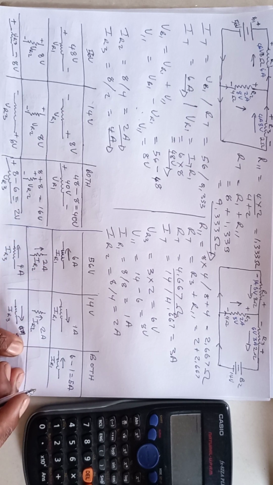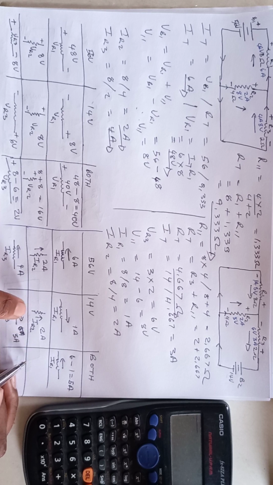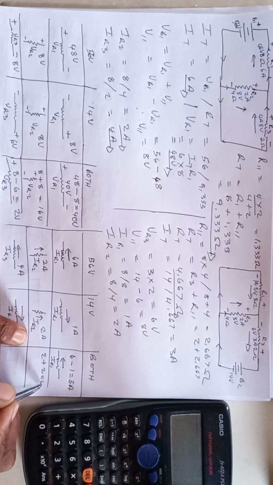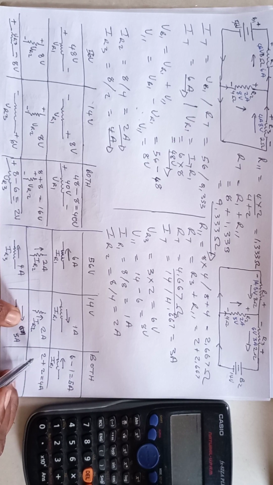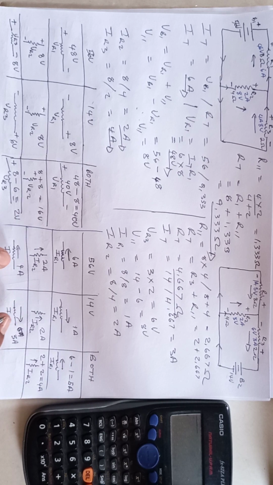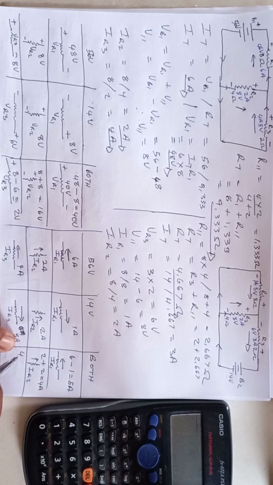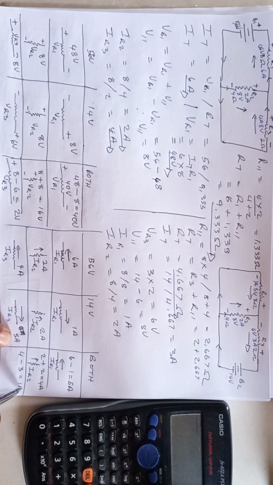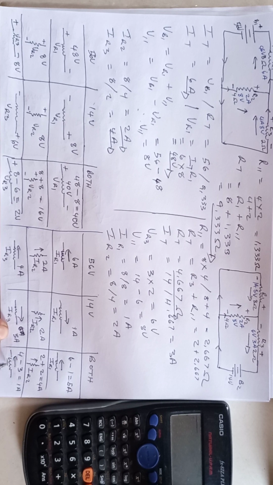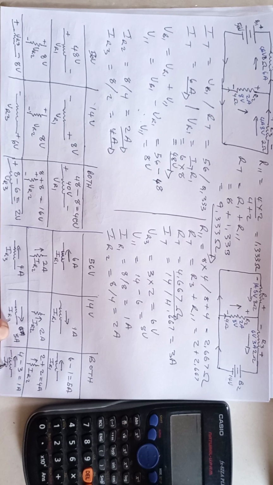Again, we have the same direction on R2, so we have 2 plus 2, which is 4 amperes, and we keep the electron flow in this direction over IR2. Then we have different directions, so here we have 4 minus 3, which is 1 ampere. We keep the electron flow in this direction, and this is IR3.